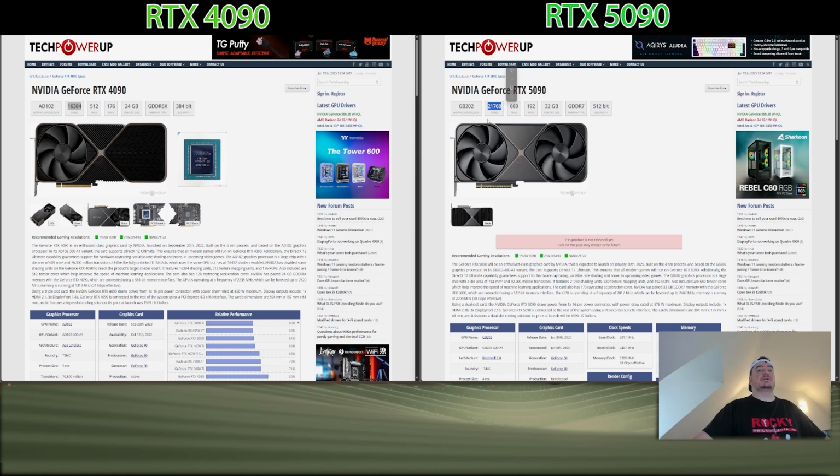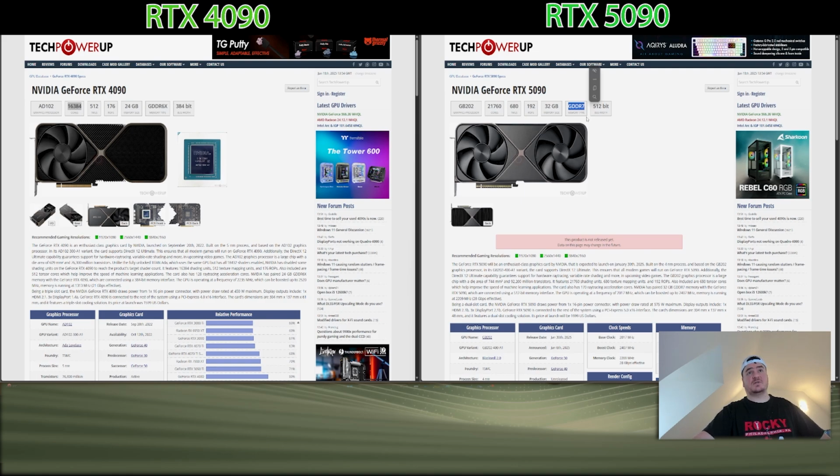So this is very important to consider when making a comparison. And the GeForce 5090 does have a memory which is a lot faster than the 4090. The GeForce 5090 comes with GDDR7. It's the first graphics card that comes with GDDR7.